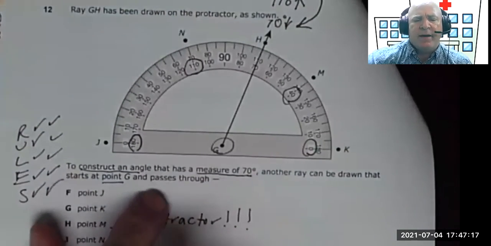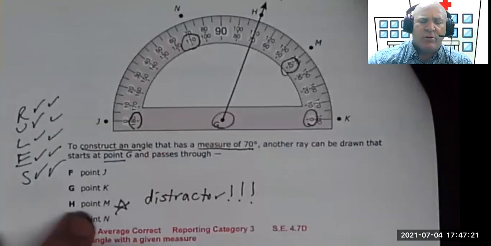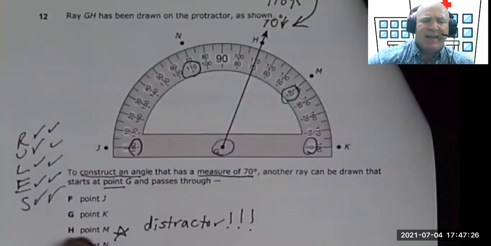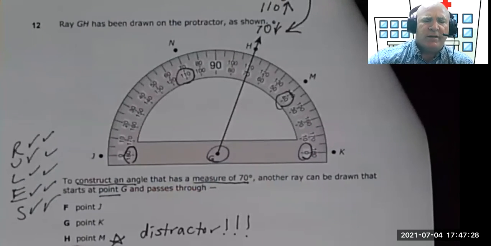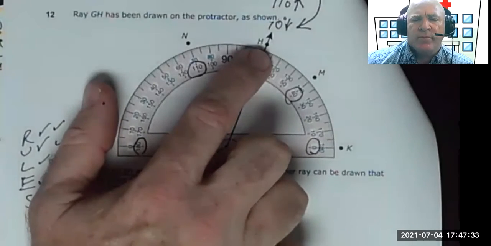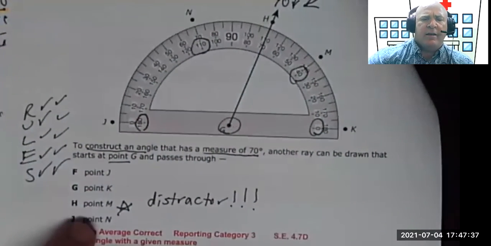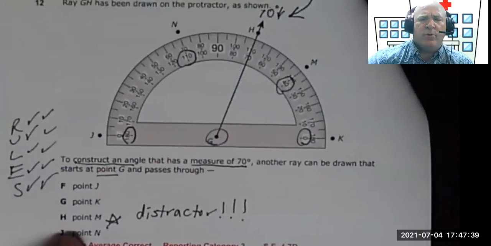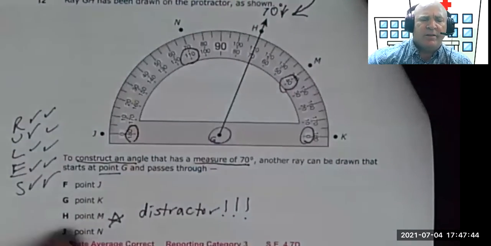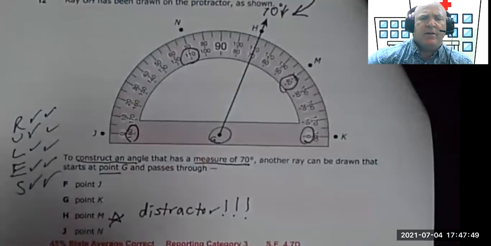Well, all of your students that got the answer wrong, or most of them, probably chose H because they saw an H near a 70, and even though point M is over here, a lot of your kids saw an H and a 70.